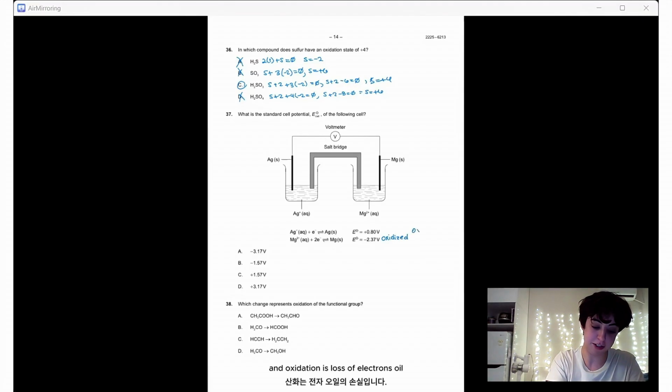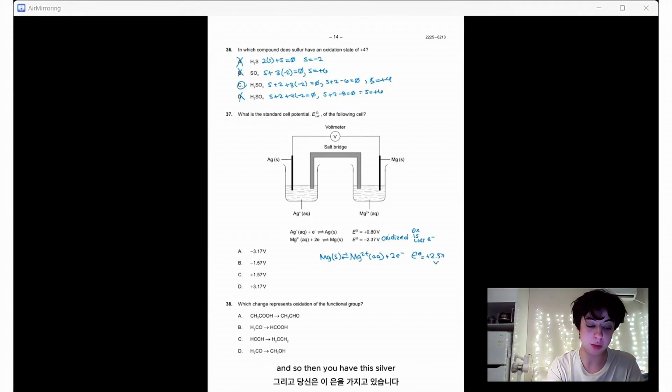Okay, and oxidation is loss of electrons. OIL. Okay, loss of electrons. Okay, and so we're going to reverse this equation. So we've got magnesium forming that Mg2 plus and those 2 electrons. And so that E would then be plus 2.37 volts. Okay.